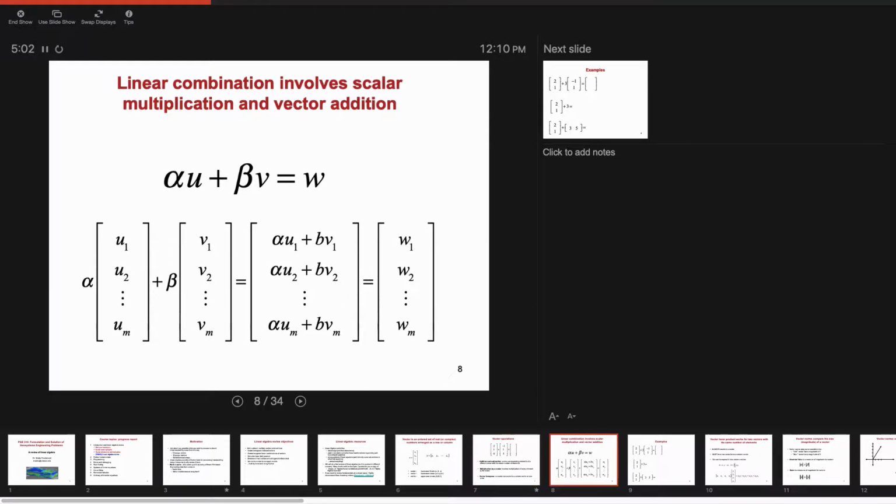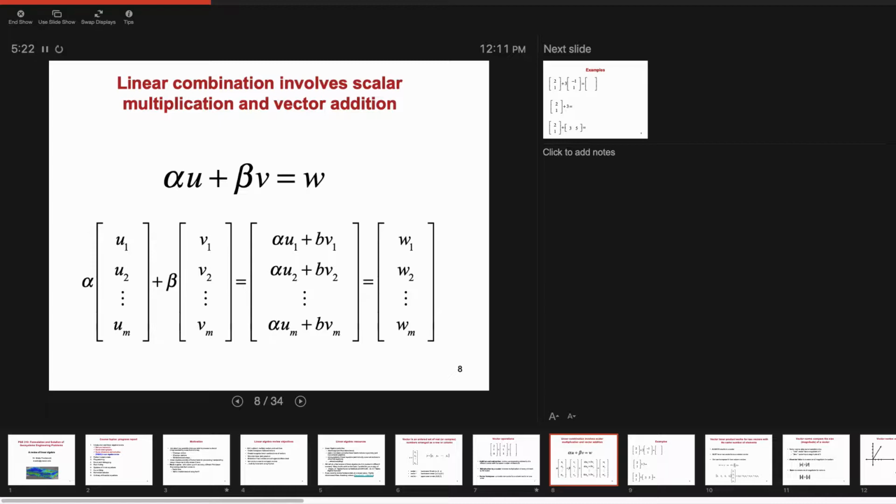Now, when I generalize both multiplication with a scalar and this subtraction or addition, I will get something that we call a linear combination. Basically, I have a scalar alpha multiplying the first vector plus a scalar beta multiplying the second vector.